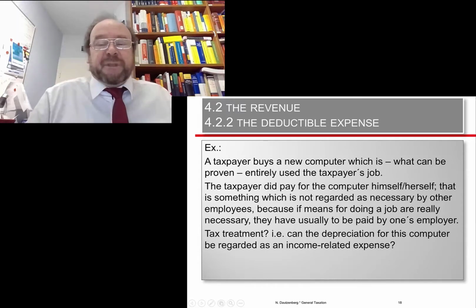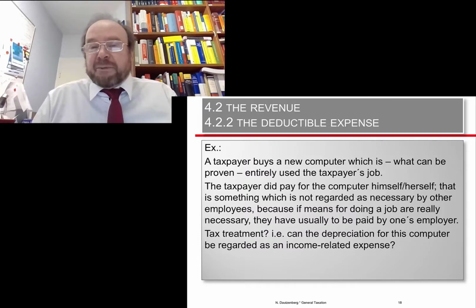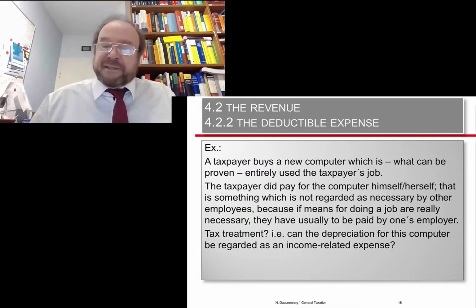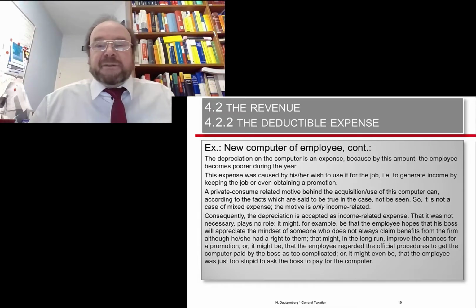And the answer is, well, you see, the trap here is I'm leading you up the garden path by talking about necessity, but you know, necessity is not necessary with an expense. The only thing is, was the motive job-related? And if I buy a computer which is only used for the job, then this is job-related, naturally. So, deductible expense.